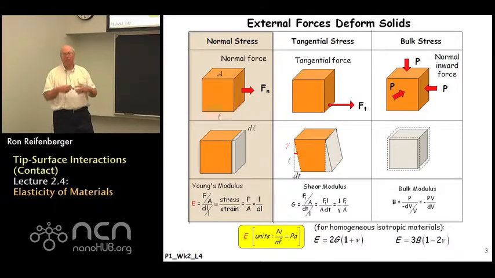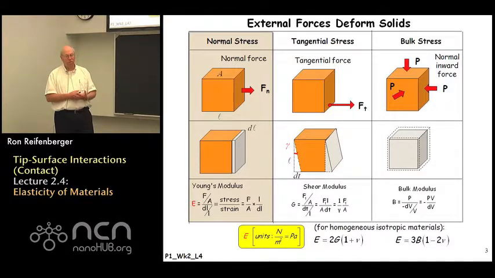So the Young's modulus, or the elastic modulus, as it's often referred to, is a number, and it basically describes the resulting strain that's produced when a particular stress is applied. So the units of Young's modulus are force per unit area, and the forces are measured in newtons, areas are measured in square meters.